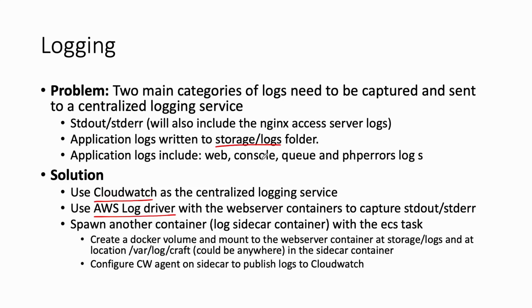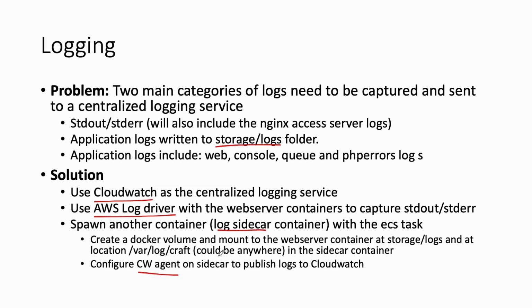For that, we are going to spin up another container, which we are calling the log sidecar container, along with the ECS tasks. This container's job is to push any log data stored in this folder to CloudWatch. The solution is to create a Docker volume and mount it on the Craft server as well as the sidecar container, and then configure the CloudWatch agent on the log sidecar container to publish these logs to CloudWatch.